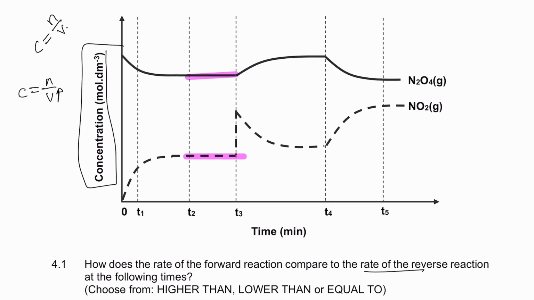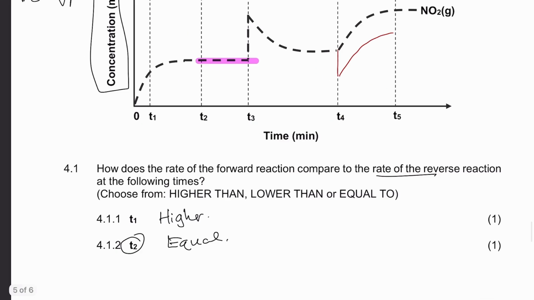If you increase the volume, there should be a sharp decrease in the concentration. So at T4, you should have seen a sharp decrease like this and a sharp decrease like this, then a change like so. Right? So the key word then is that there should have been a sharp decrease in the concentrations if the volume had increased.